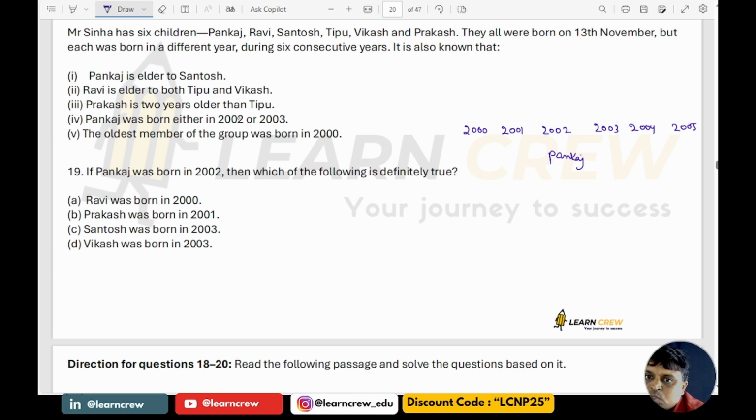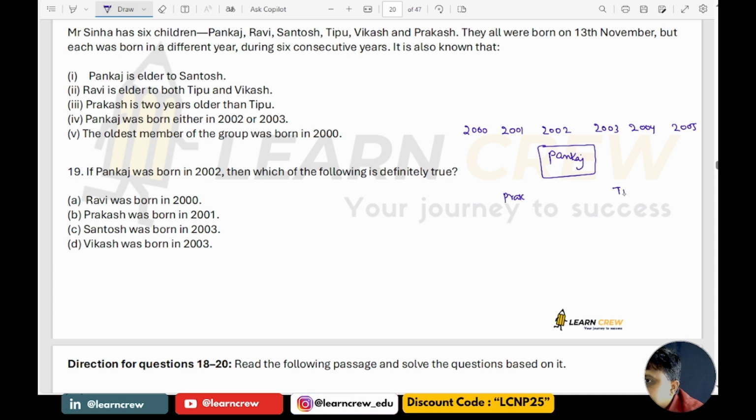Prakash is 2 years older than Tipu. What are the possibilities you have? This Pankaj here is fixed. So if Tipu is here, then Prakash would be here.